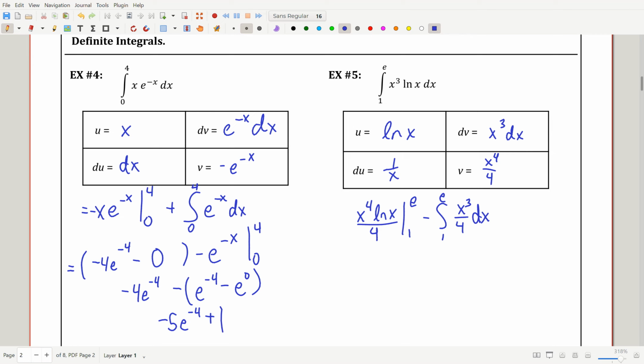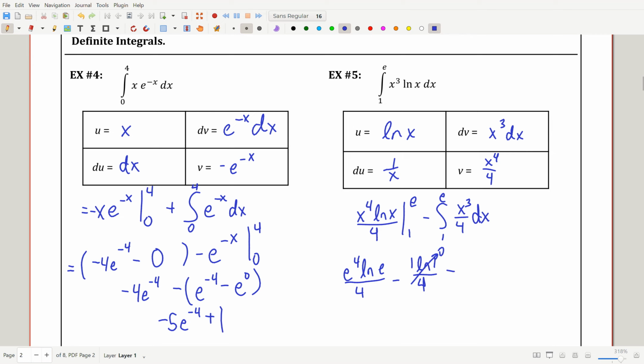So we've got e to the 4th ln e over 4 minus 1 ln 1 over 4. 1 to the 4th, really, but ln 1 is just 0. So yes, that guy's gone. This is 0.